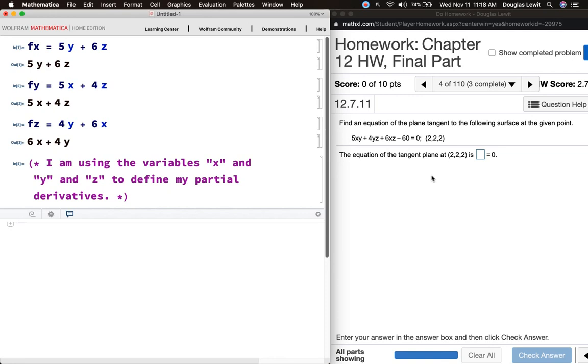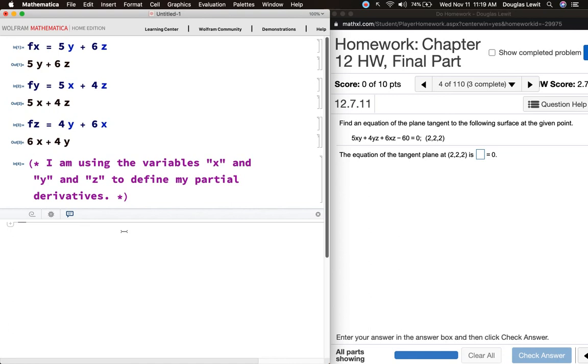However, that means in the equation of the tangent plane, I'm not going to be able to use those variables because otherwise I'm going to have some problems. Okay, so I can't use those variables again to define my tangent plane because if I do, I'm going to have problems.